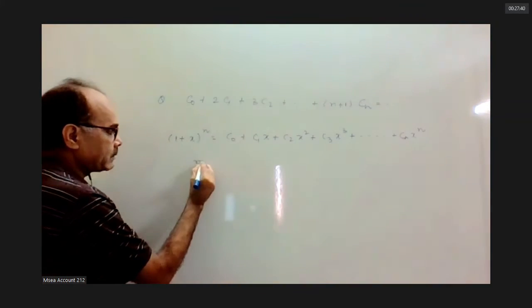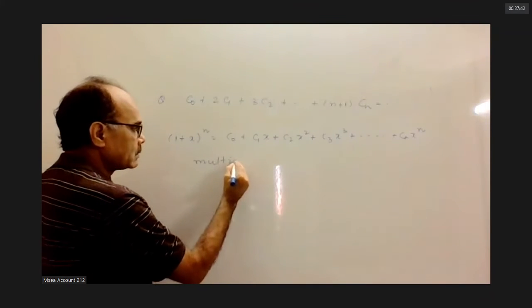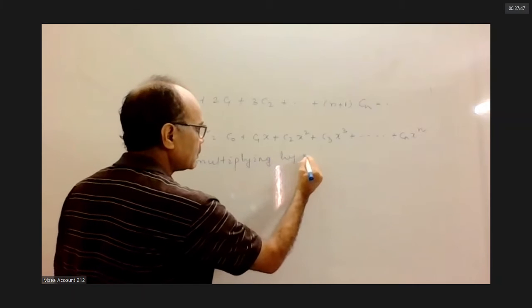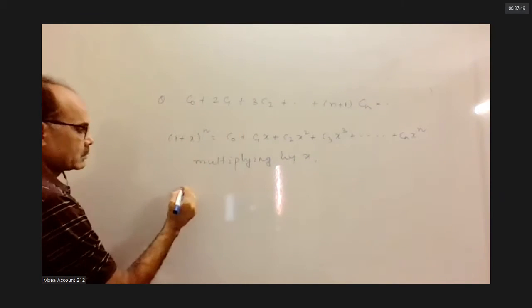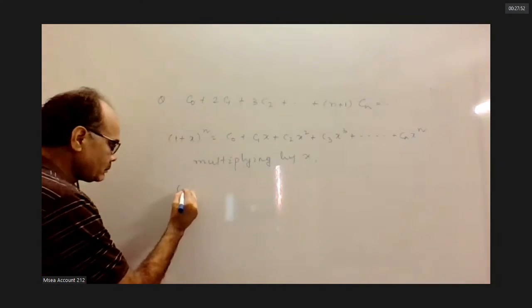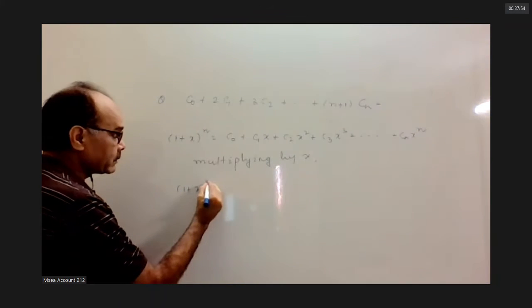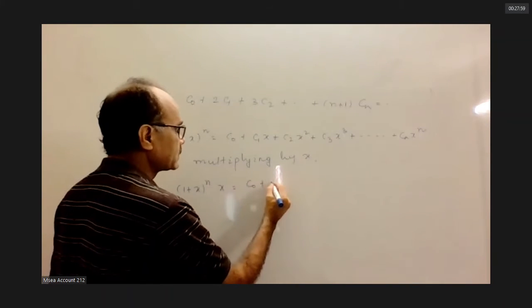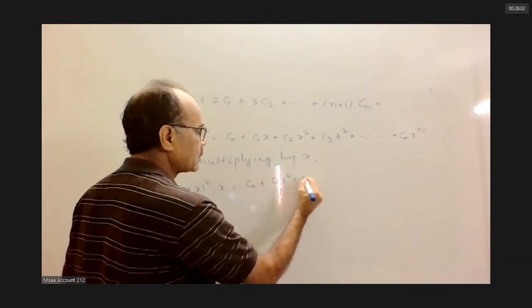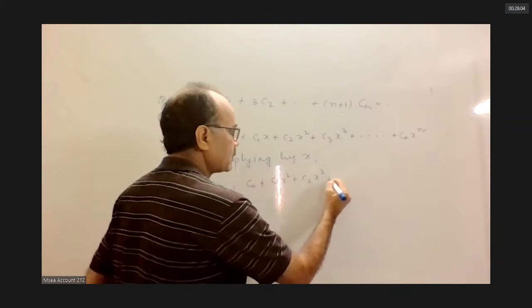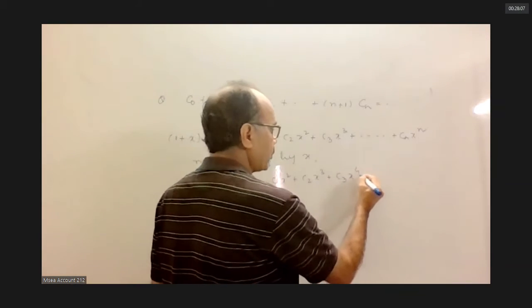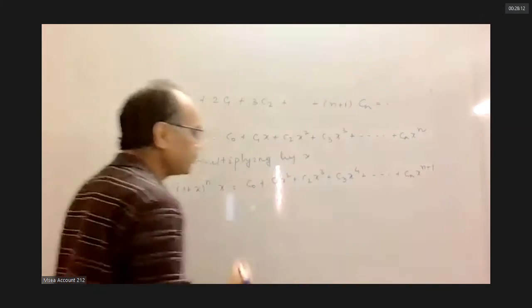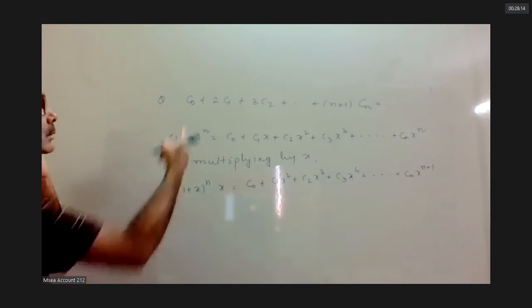So multiplying both sides by x, this becomes 1 plus x to the power n into x equals C0x plus C1x square plus C2x cube plus C3x to the power 4 up to x to the power n plus 1. Now, if we differentiate and then put x equal to 1, we'll get it.